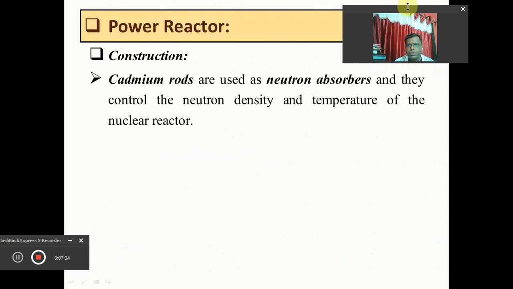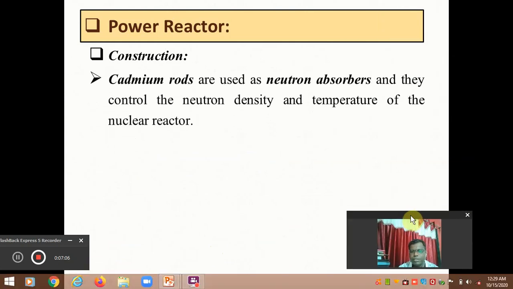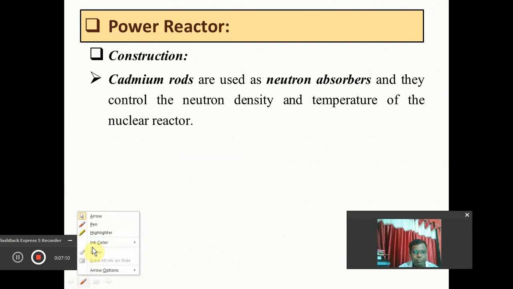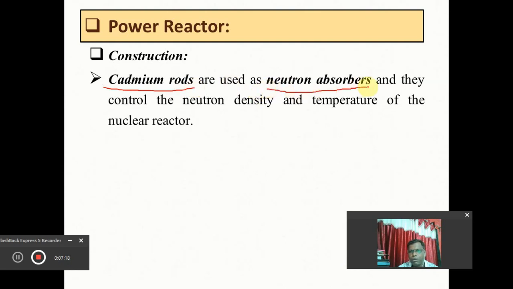Again, among the various components of the power reactor, it consists of rods, particularly cadmium rods, which are used as neutron absorbers. These are the control rods which absorb the excess thermal neutrons, and they control the neutron density, meaning the number of neutrons, and the temperature of the nuclear reactor.